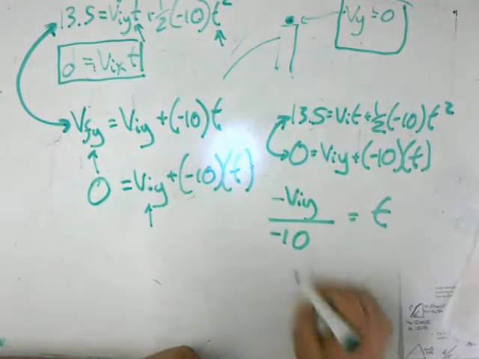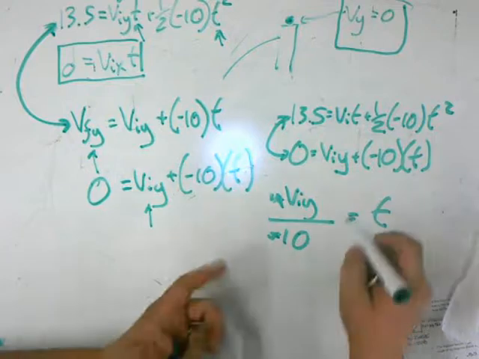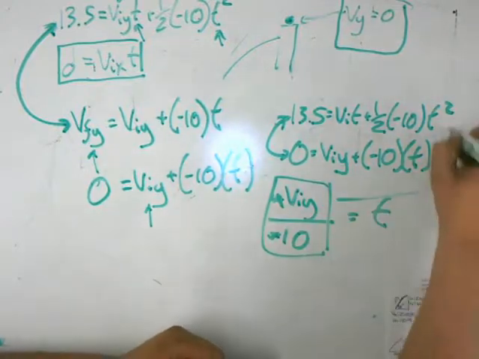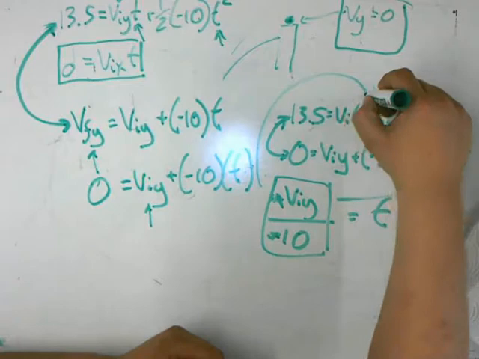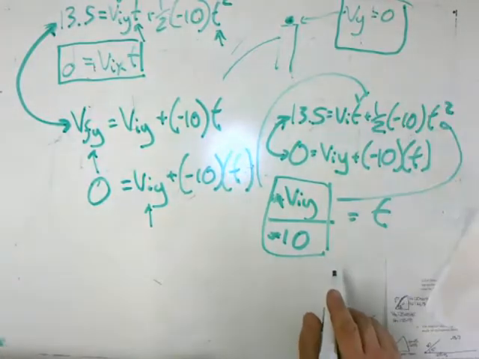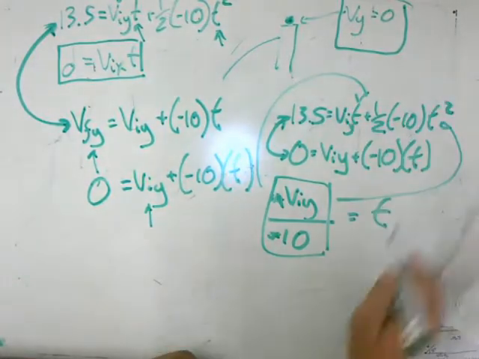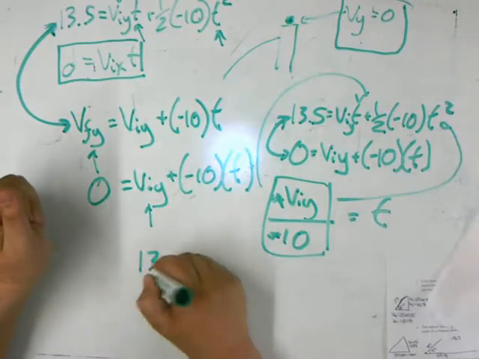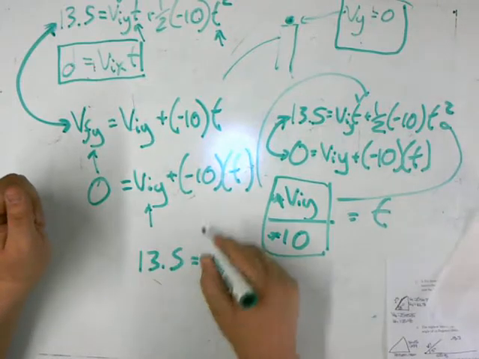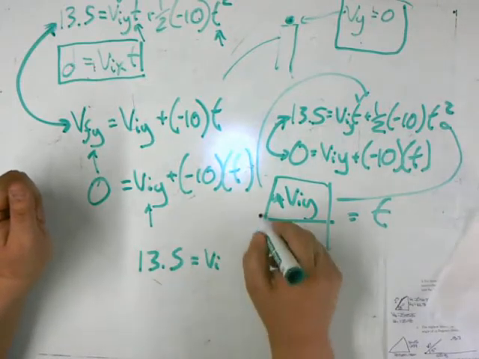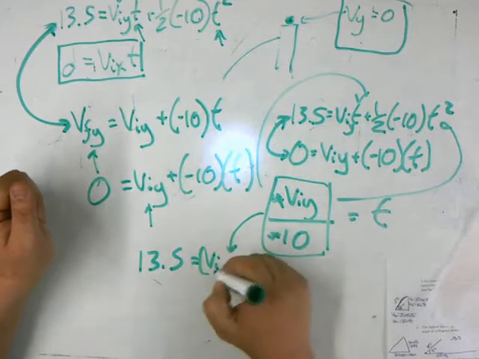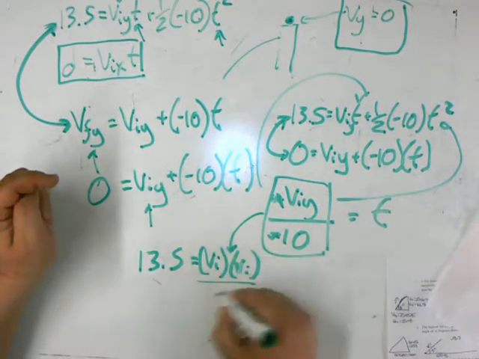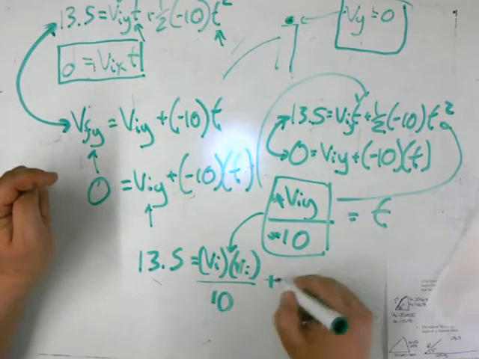I should say V initial Y. So that leaves me with 13.5 is equal to V initial Y, plugging it in, times V initial Y divided by 10, plus 1/2 times negative 10 times V initial Y squared over 10 squared. I only have one variable left.